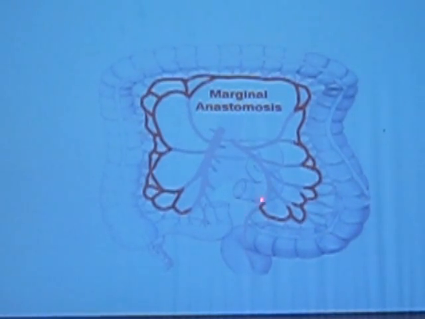And you know here that this is the superior rectal artery, which is the continuation of the inferior mesenteric artery. If I say the superior rectal artery is the branch of the superior mesenteric artery, am I correct? No, definitely not.